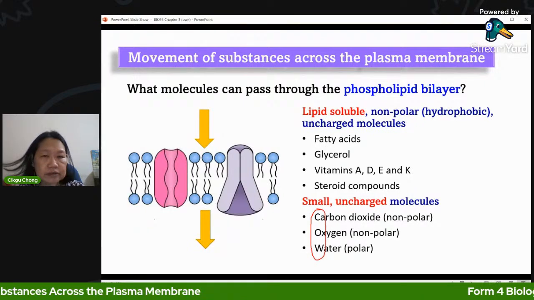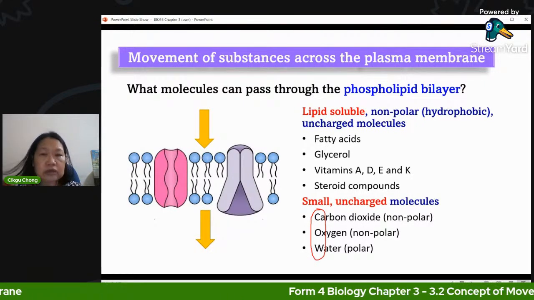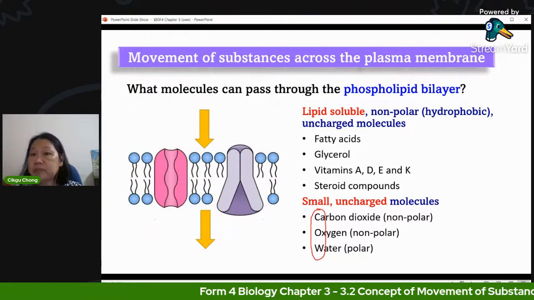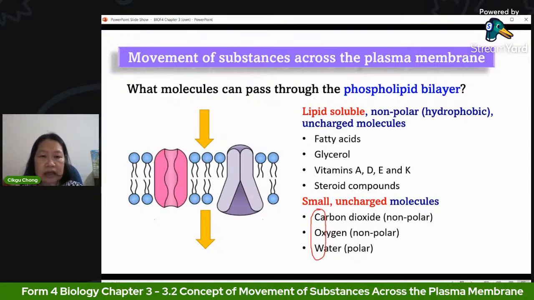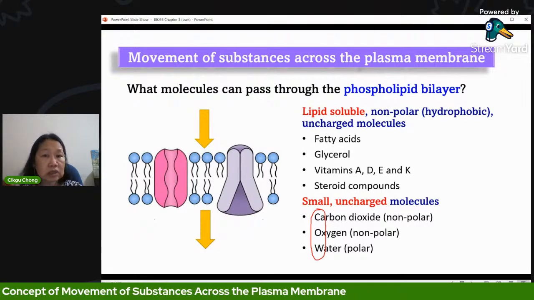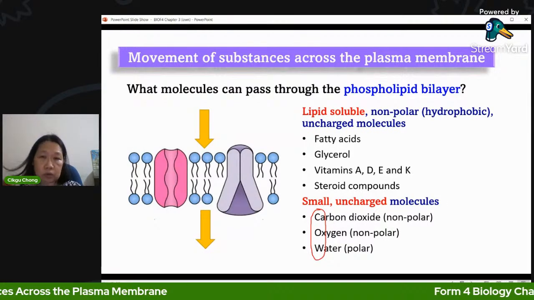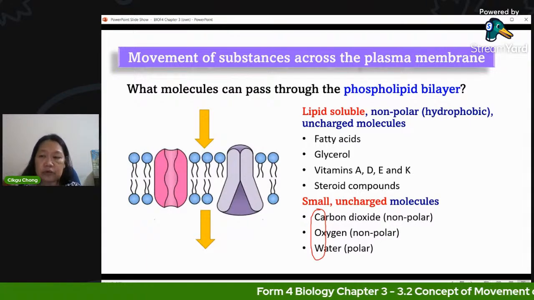So in conclusion, as long as they are lipid soluble, the molecules will be able to pass through the phospholipid bilayer. Whether big or small is not a problem. And then the other group will be small uncharged molecules. Remember COW: carbon dioxide, oxygen, and water. You can copy this down later, when you review the lesson again.